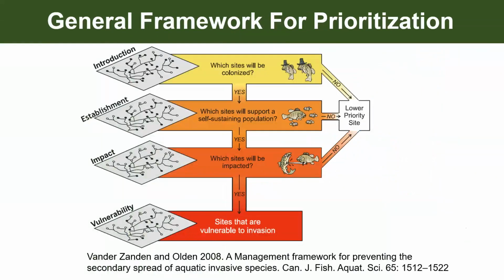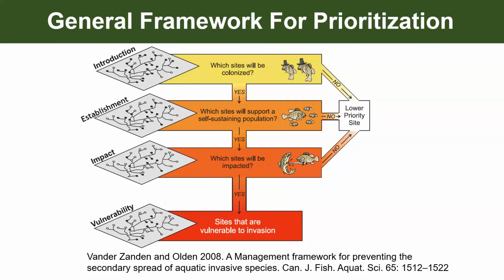And I'll jump into our framework. We looked into the literature to see what existing frameworks for prioritization other aquatic managers have been using. And we found this great one by Van der Zanden and Olden from 2008, where they looked at factors that influence the introduction of invasive species to water bodies, whether or not those species will become established within those water bodies, and then if they do become established, what impact would those establishments have?